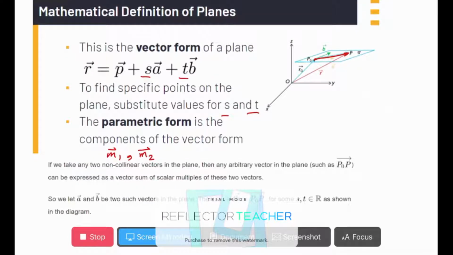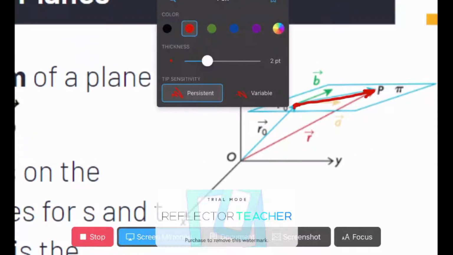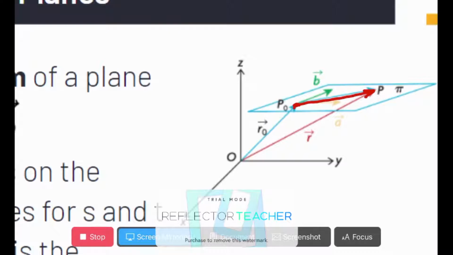So we can add up some combination of these vectors, and we can even see that here briefly. If I start at p naught, and I have vector b, and maybe I need a little bit more of vector b, so I'll have some scalar multiple. And we can see down here my vector a. Well, I can just add that to the end of my vector b, however many times I've multiplied it, and end up at point p.